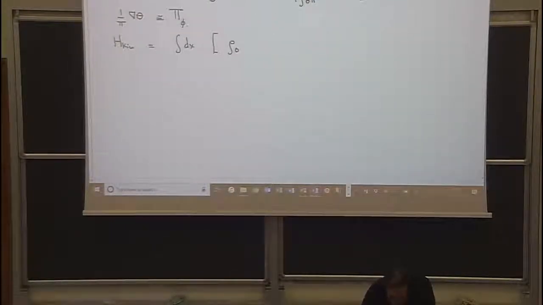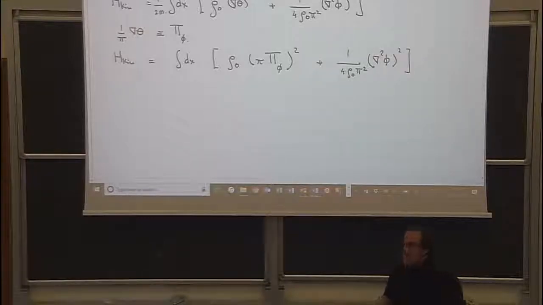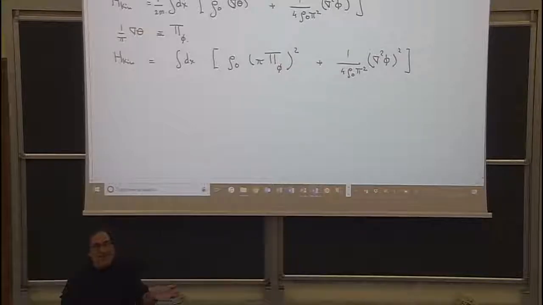This time it's there, times pi, the number, and then pi phi square, plus 1 over 4 rho 0 pi square, and I probably screwed up in the prefactors, but it doesn't matter at that stage. And now it's a Hamiltonian that I like, because it's a harmonic oscillator Hamiltonian.